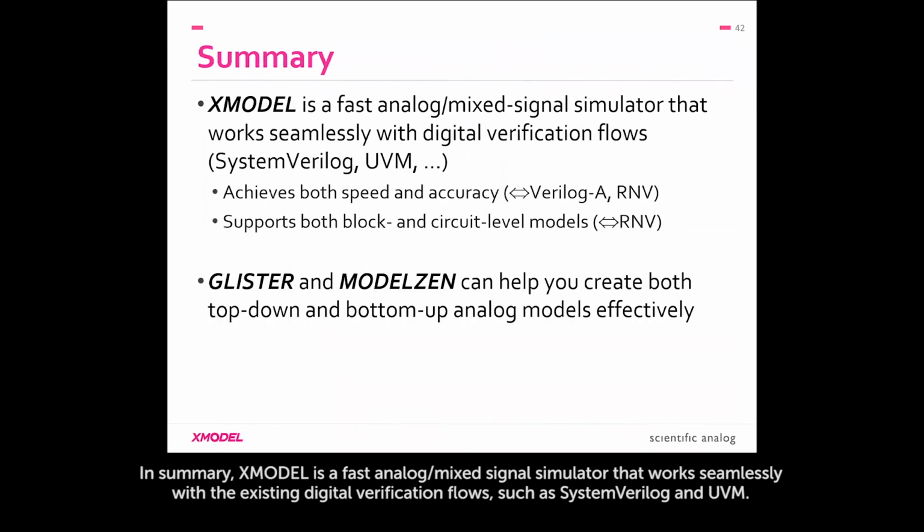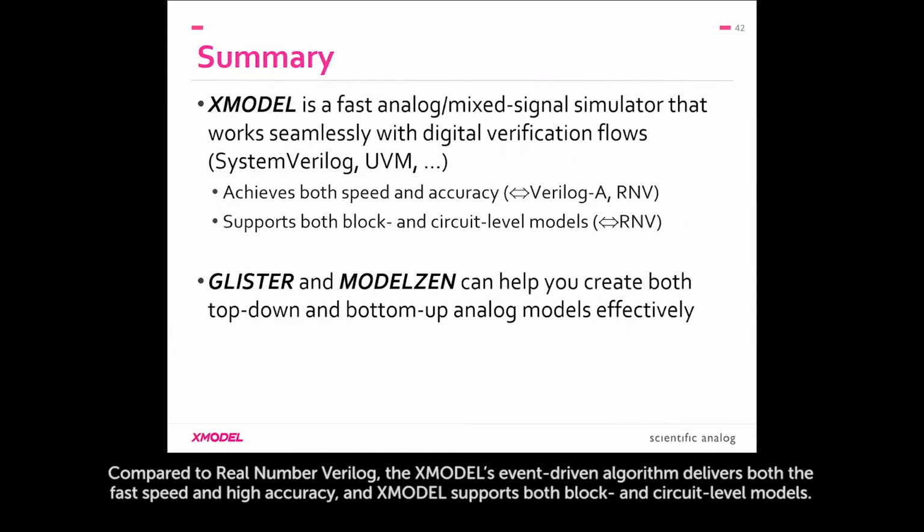In summary, XModel is a fast analog mixed signal simulator that works seamlessly with the existing digital verification flows such as SystemVerilog and UVM. Compared to real number Verilog, XModel's event-driven algorithm delivers both fast speed and high accuracy, and XModel supports both block and circuit level models.